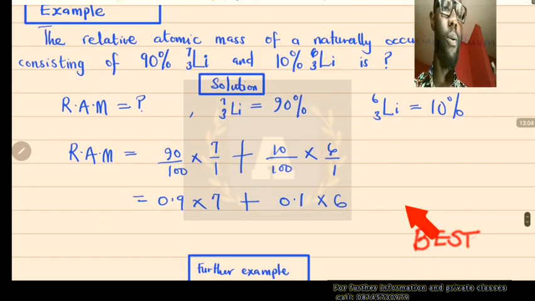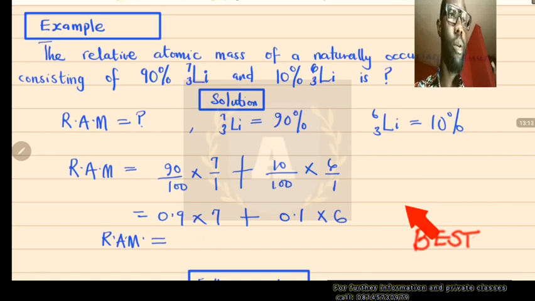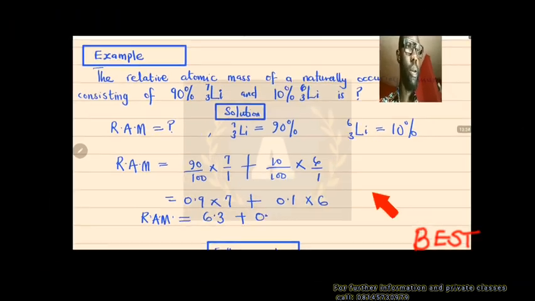So R.A.M will therefore be equal to 0.9 multiplied by 7, that on my calculator is 6.3, plus 0.1 multiplied by 6, that is 0.6.